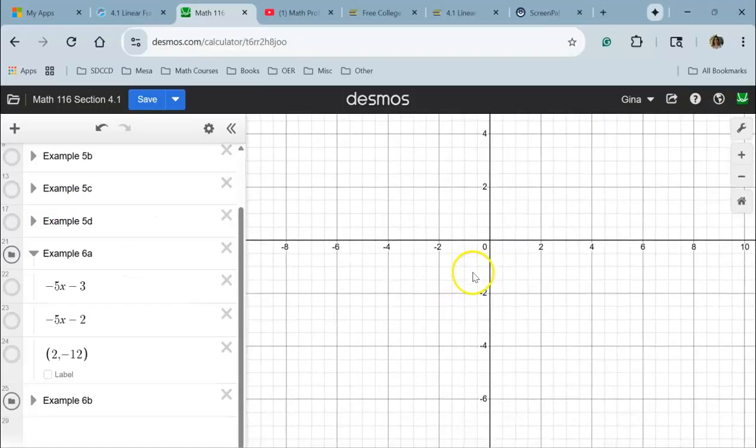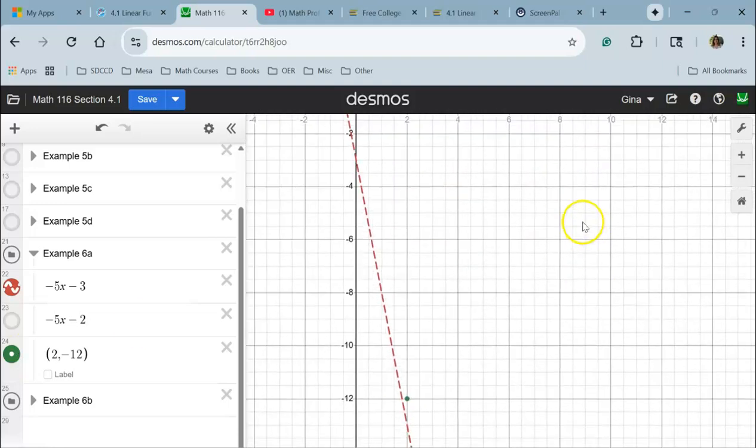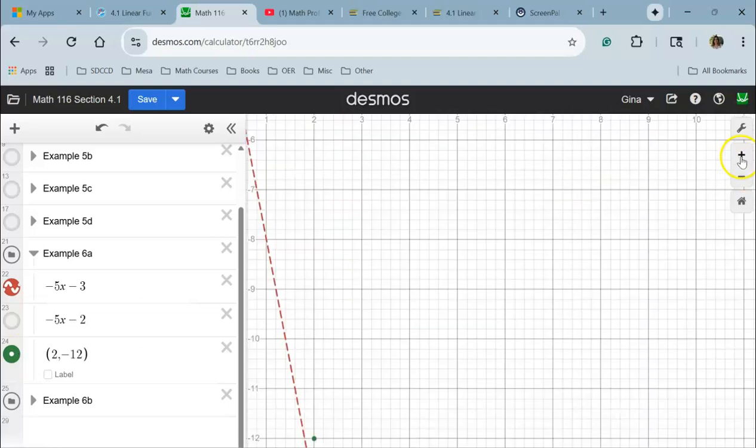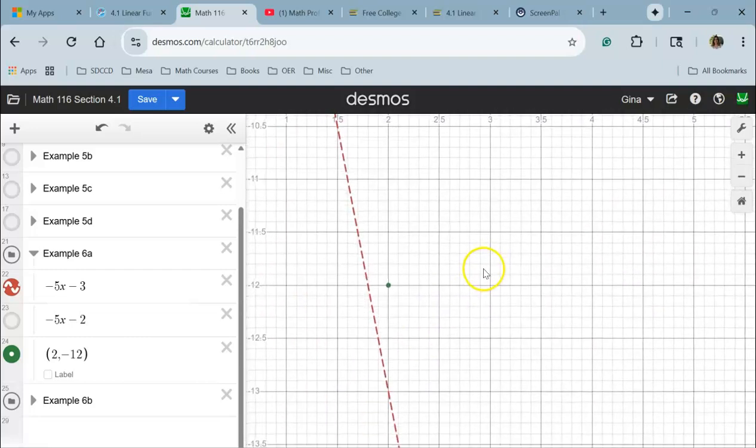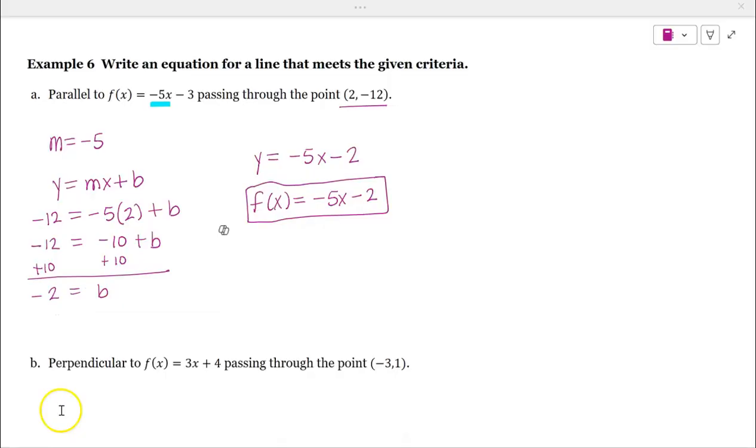The original line that we were given was negative 5x minus 3, and we wanted our new line to go through this point 2, negative 12, which is down here. And the equation that we came up with is negative 5x minus 2. And we can see that the new line that we created is parallel to the one we started with, and it's passing through the point that we were given.